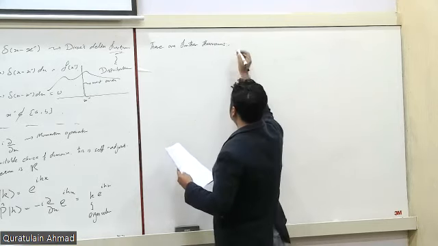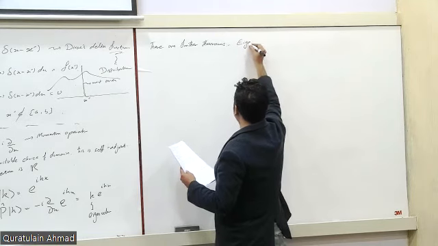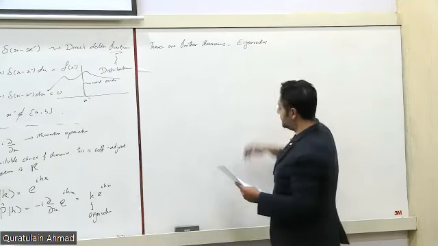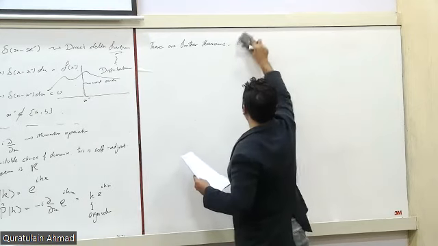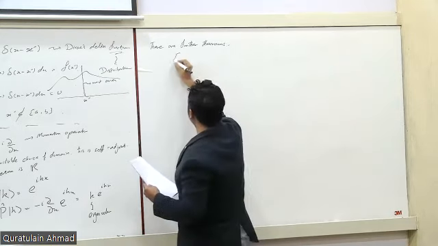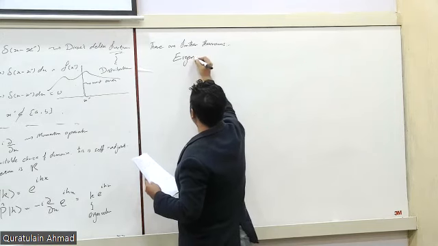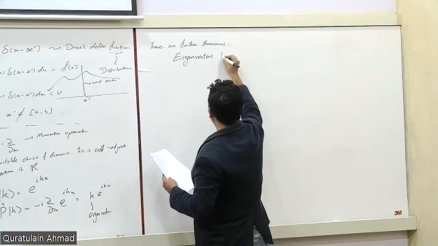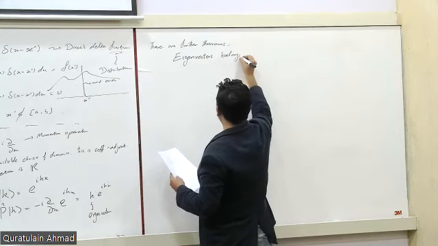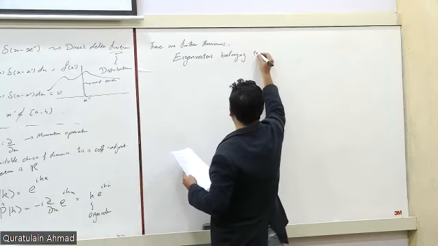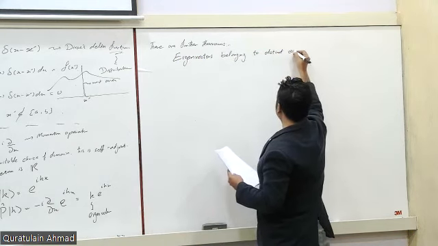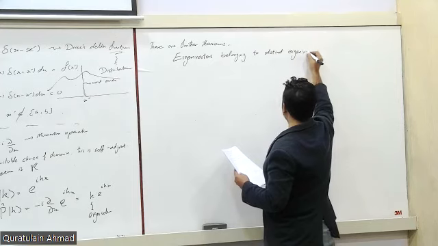So one is that eigenvectors belonging to distinct eigenvalues are orthogonal.